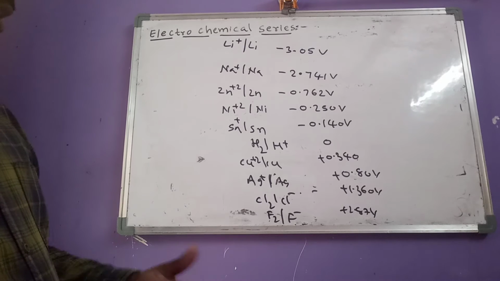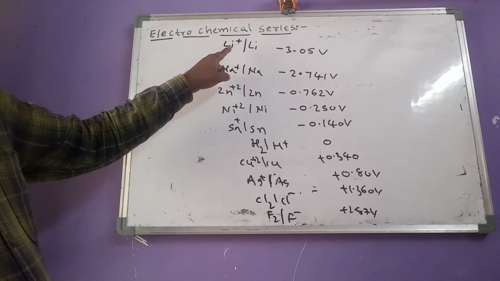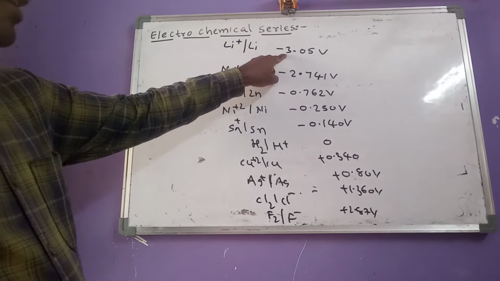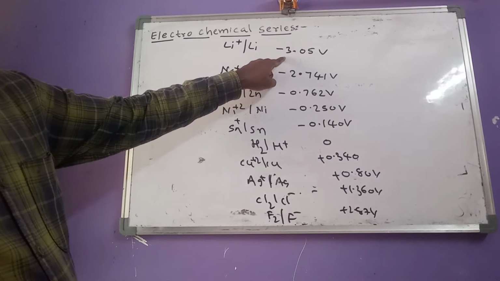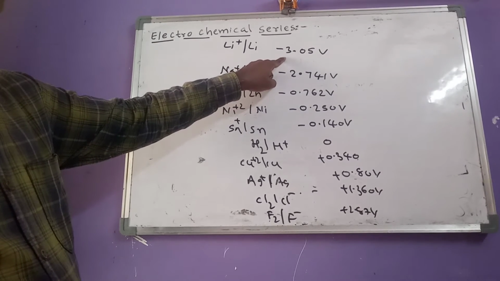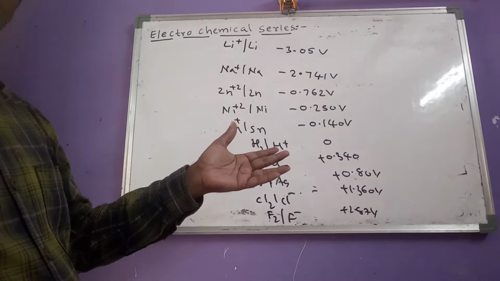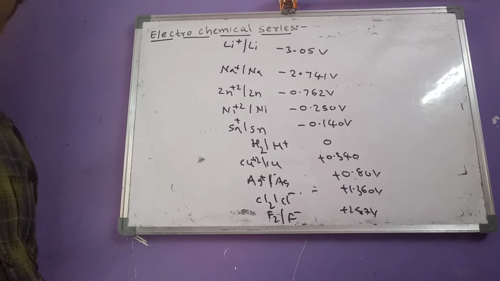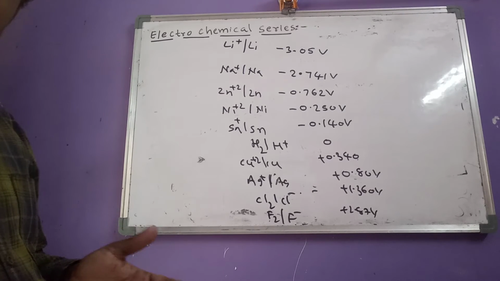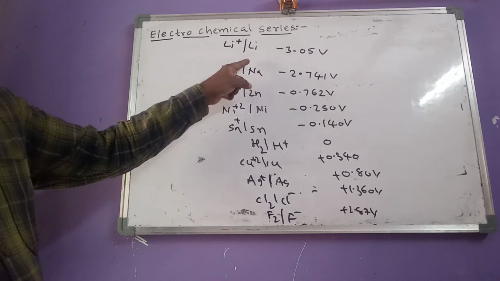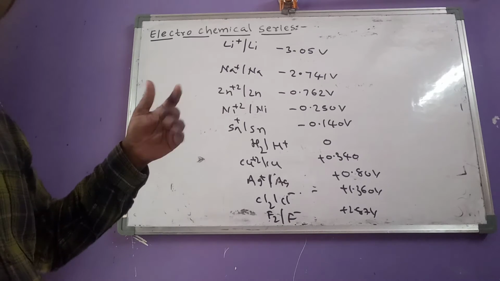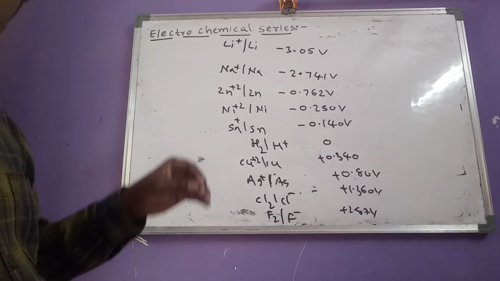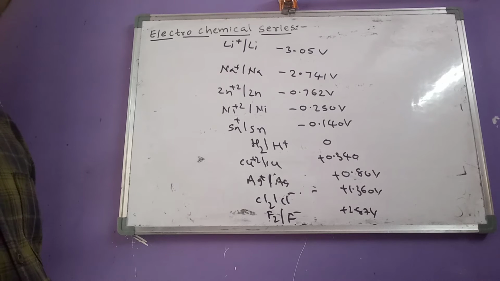Then another one. If you observe this lithium electrode, it has more negative electrode potential value, more negative, or we can say less electrode potential value. In any way we can understand. Lithium electrode has more negative E0 value, or simply we say less E0 value.